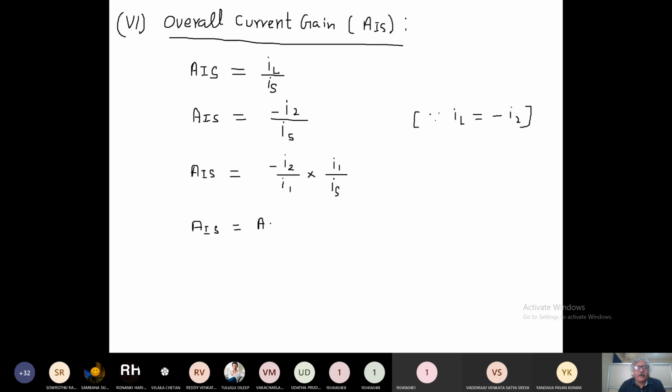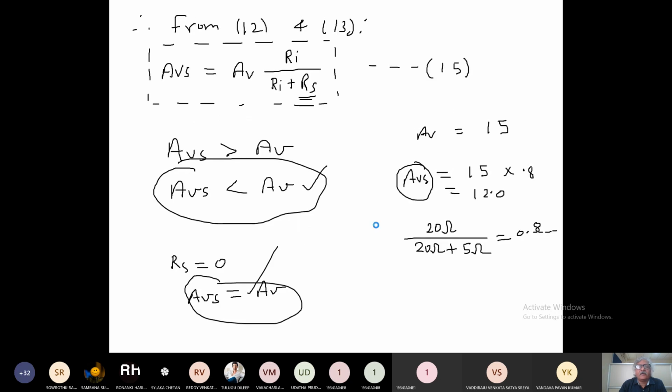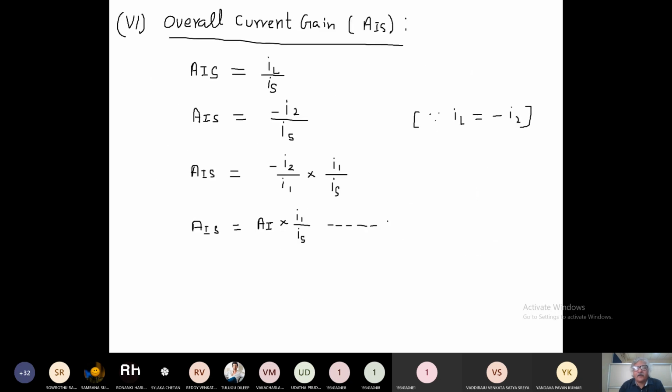So this is AI multiplied by I1 by IS. I give this expression a number, continuing from the previous: this is my equation number 16.